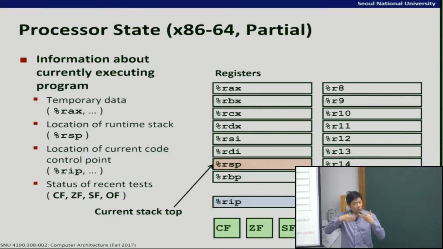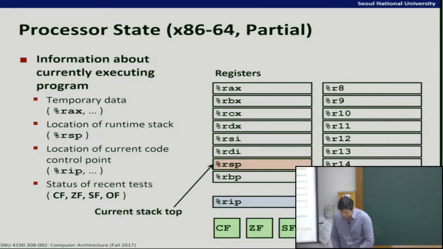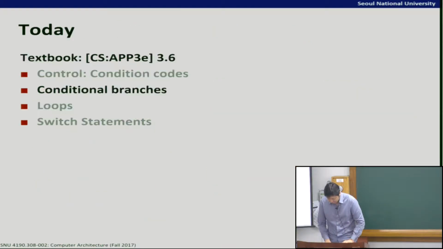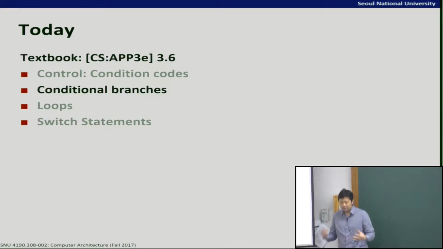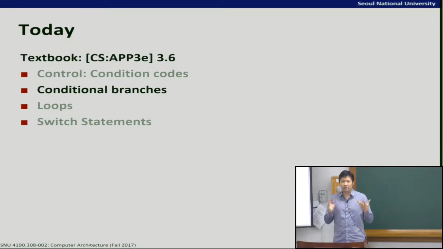As we go on executing your program, instructions are executed one by one, and whenever you execute a new instruction, it moves to a new state, right? That's the idea. So I think I stopped here last time. Let's continue to cover how program constructs, such as loop and if-then-else, are translated into assembly. So let's take a look.